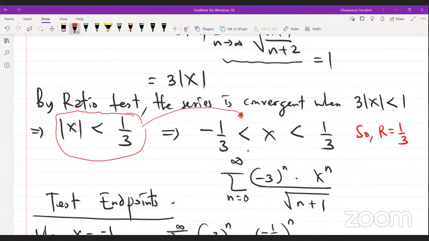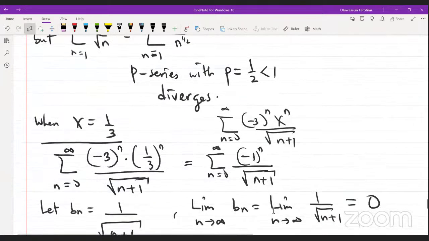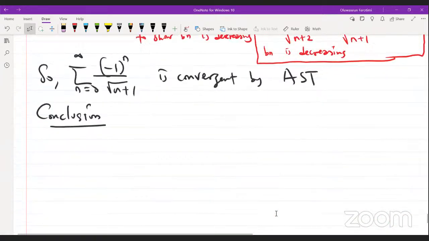Then this guy is the interval of convergence, but the radius of convergence is positive, okay? You don't say r is negative 1/3. It's just a positive guy. That's the way to drive my conclusion home.